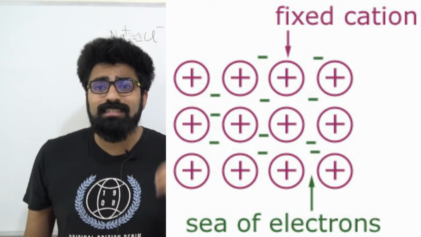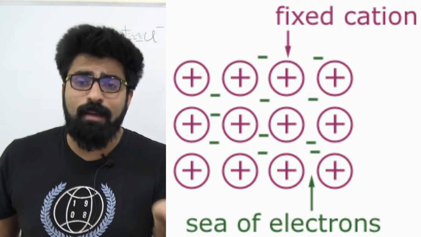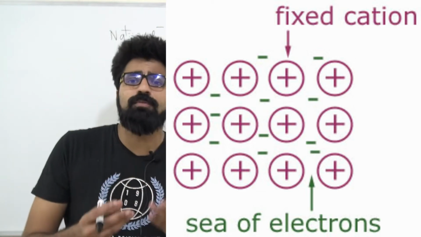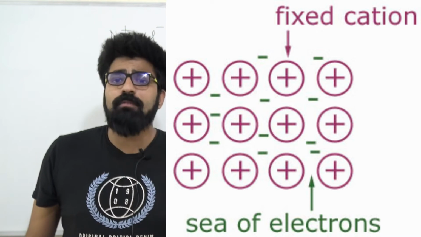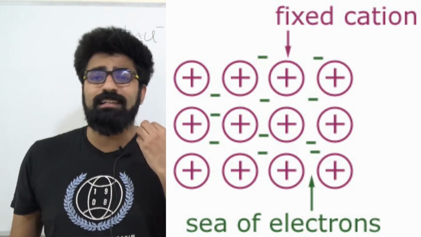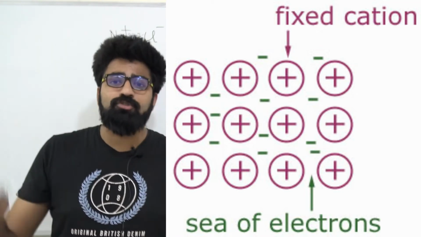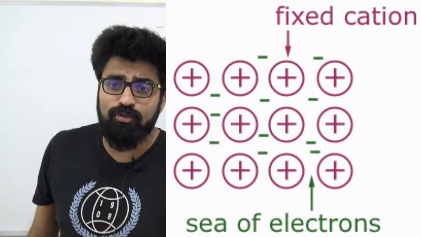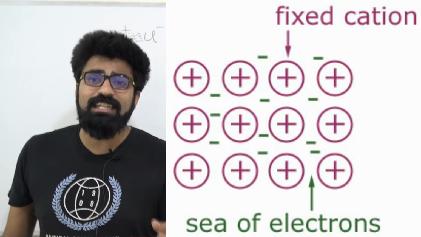There is not a single atom of sodium; there is a very high number of sodium atoms in a sample of sodium, right? So in the sample of that sodium metal, we will have so many Na+ and so many electrons. That is known as sea of electrons. What we call them? Sea of electrons.